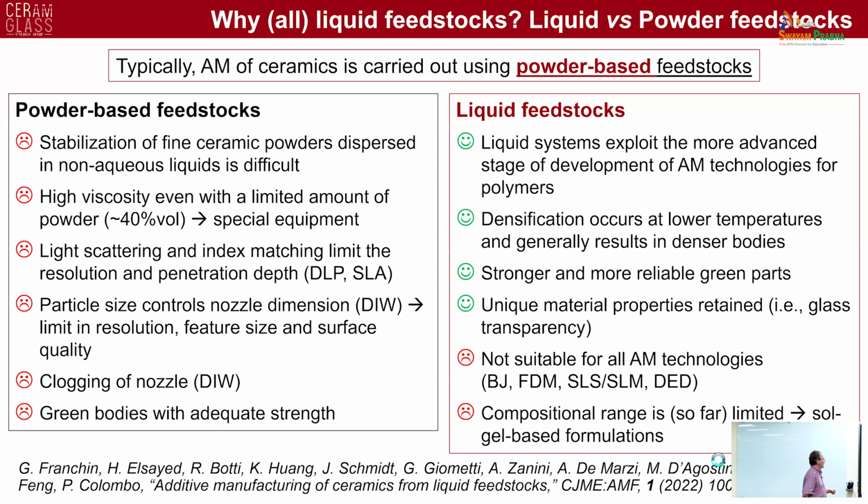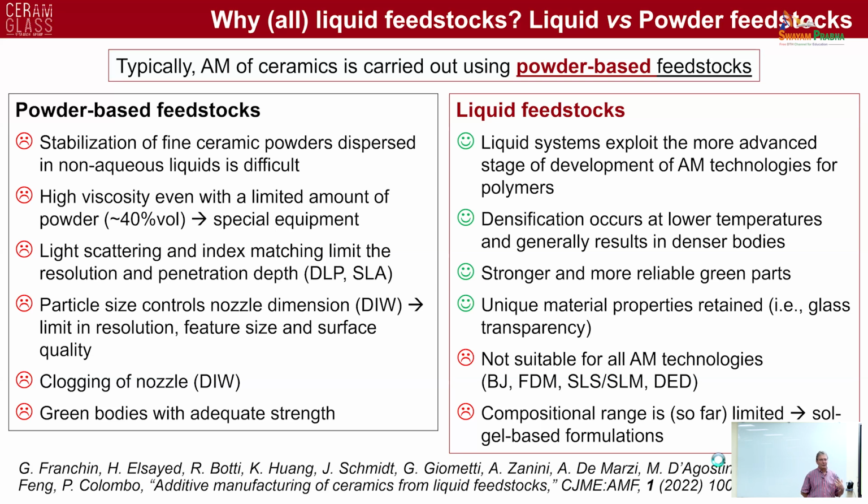And if you use a liquid system, then you can exploit the more advanced stage of development for additive manufacturing technologies that have been applied to polymers. Typically, you can densify at lower temperatures, and you can get stronger, more reliable green parts.